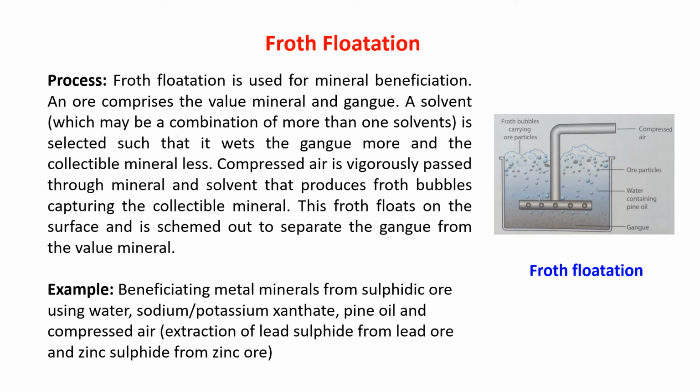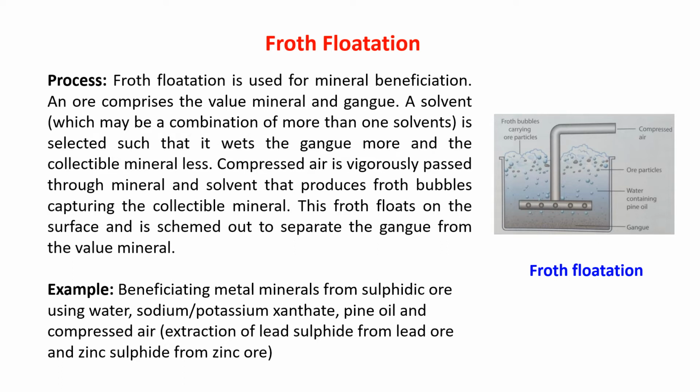Actually, the minerals are obtained from their ore mixed with some impurities. Those impurities are known as gangue. This froth flotation is generally used to collect the minerals, or you can say metal minerals, from sulfide ore. Now you can get the metal, that is the minerals, from its ore.